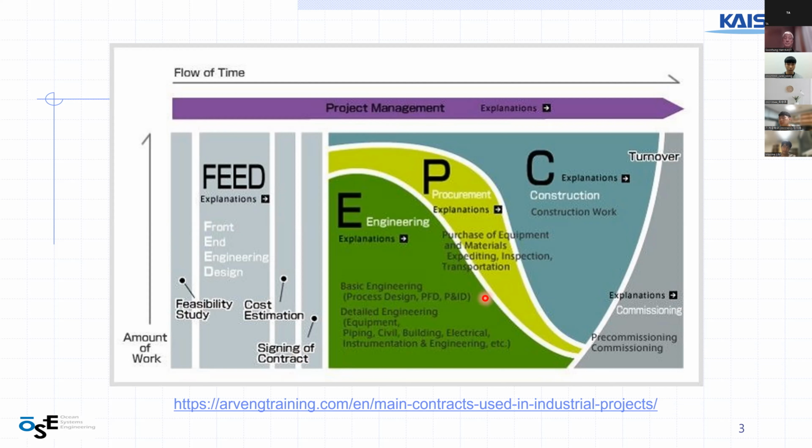EPC is the prominent form of contracting agreement in industrial projects. The engineering and construction contractor will carry out the detailed engineering design of the project, procure all the equipment and materials necessary, and then construct to deliver a functioning facility or asset to their clients.